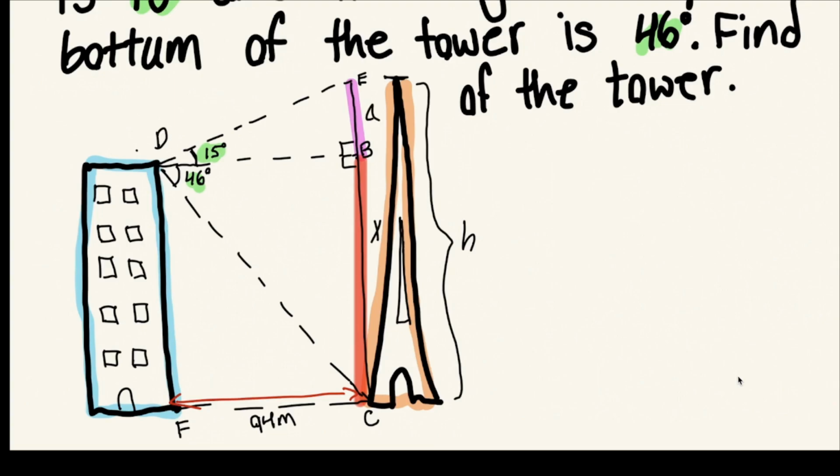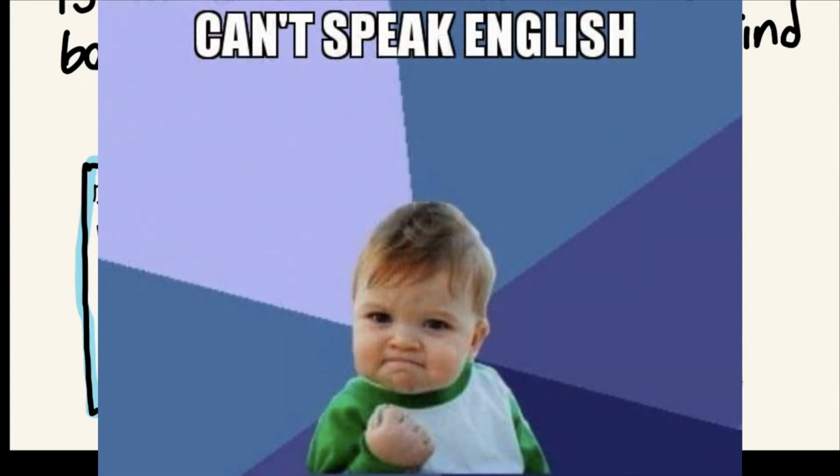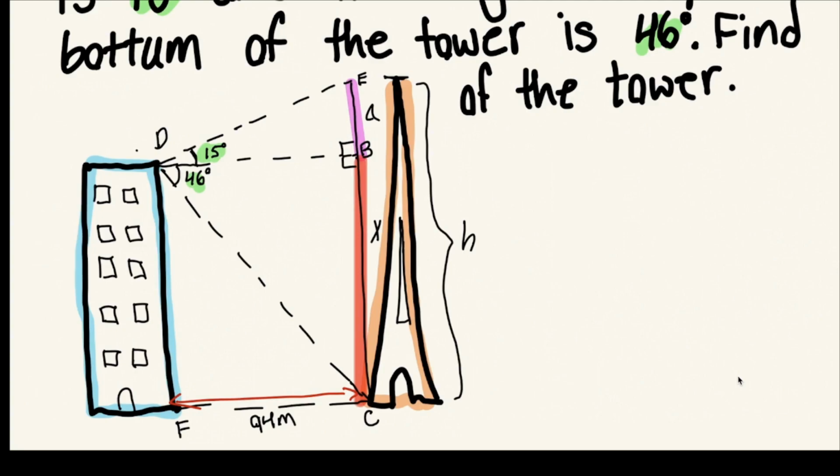And so now we can apply trigonometric ratios to solve it. So with this 94 at the bottom, that's very important, because that tells us about this triangle that I want to take out, right? When we take it out and I draw another diagram of how it's supposed to look, it's going to look like this. And again, you don't have to do this step, it's just better to show visually to you guys.